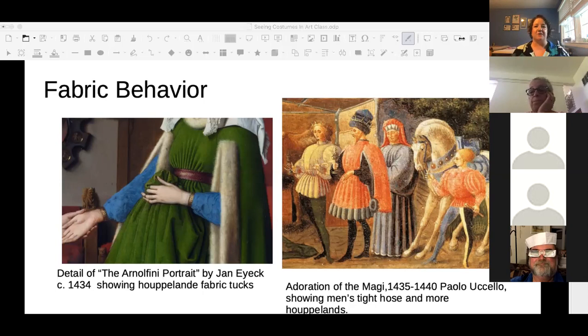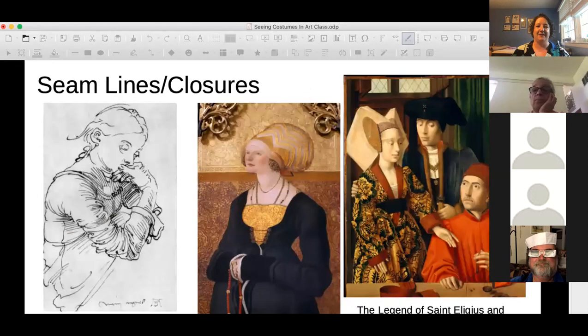The next thing I'm looking for in artwork is seam lines, which I think is my next slide. There we go. So seam lines. Do I see any visible seam lines? Has the artist given me the ultimate clue to how this went together? Sometimes artists are so detailed, they'll do that for you.